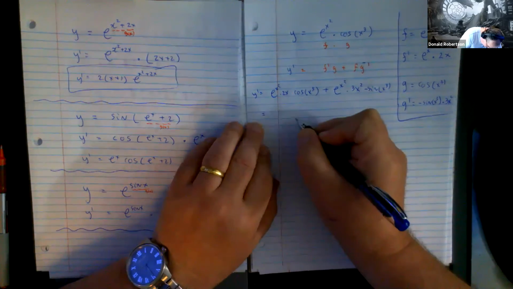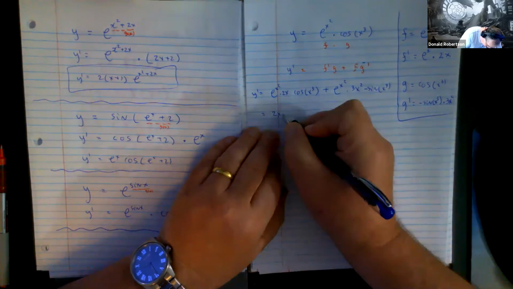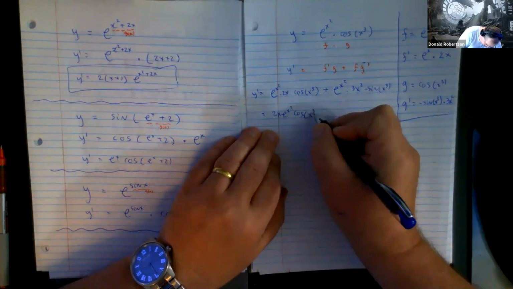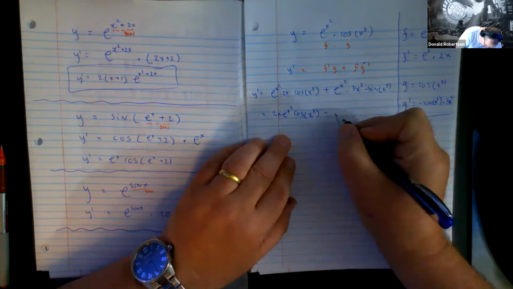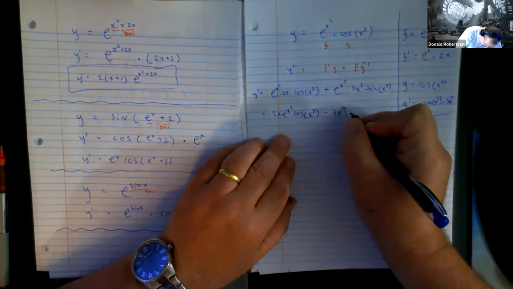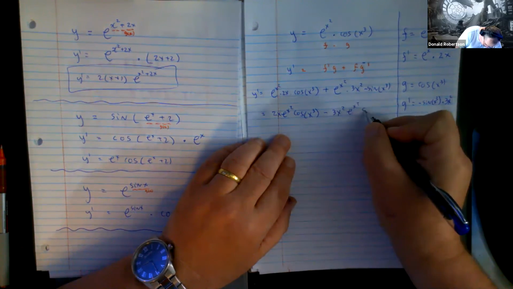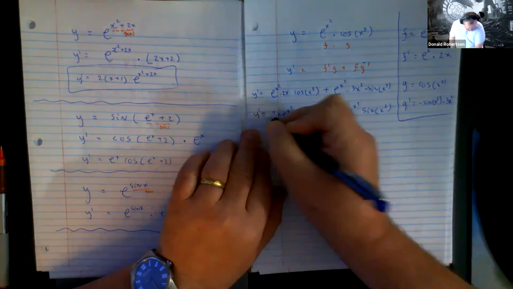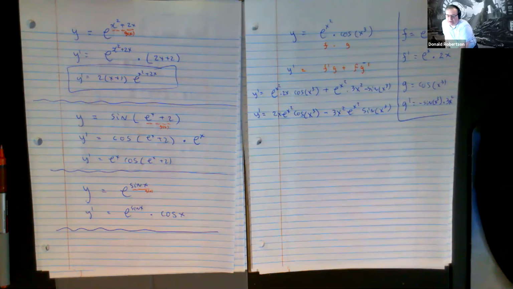Tidying up a little bit, 2x e to the x squared cosine x cubed, negative 3x squared e to the x squared sine x cubed. And that's kind of where we are right now. You always have to do style points.